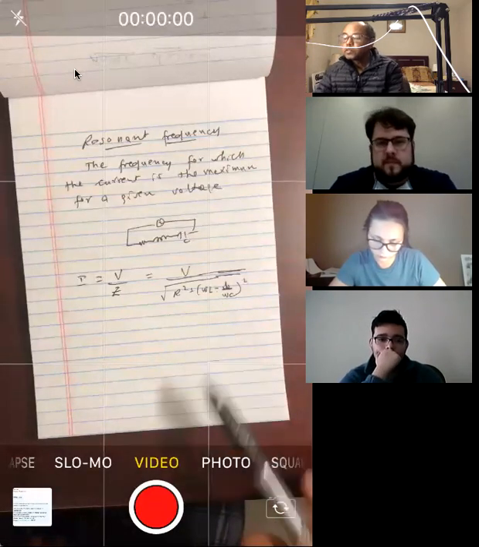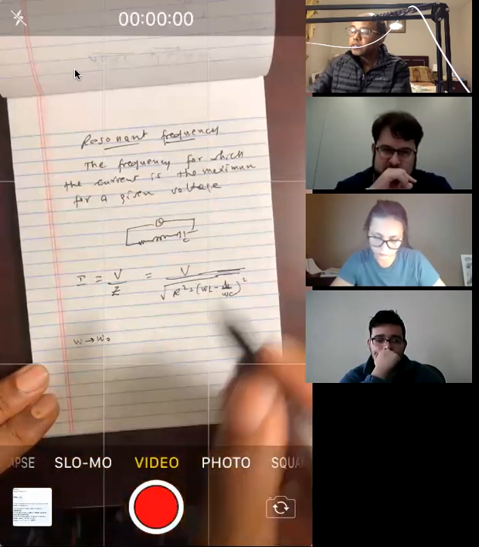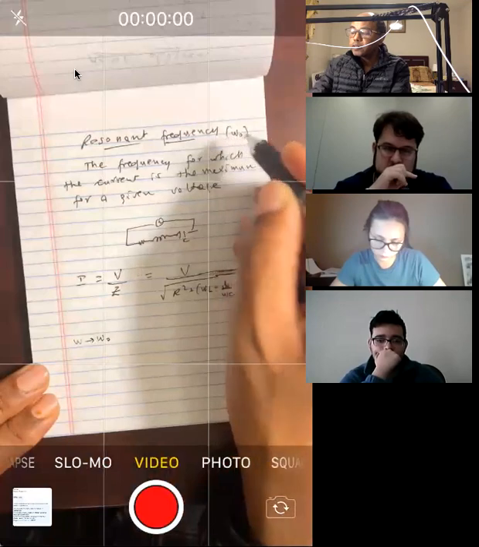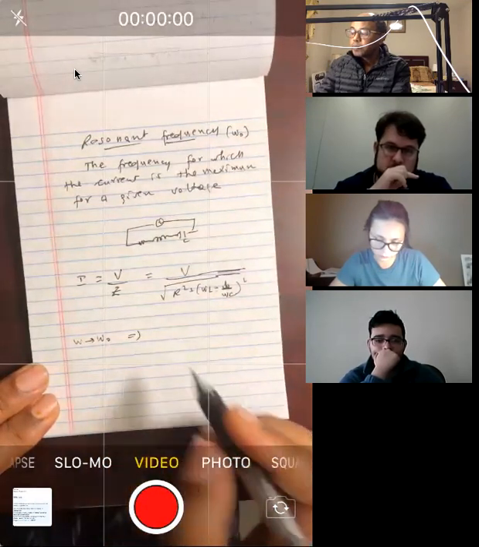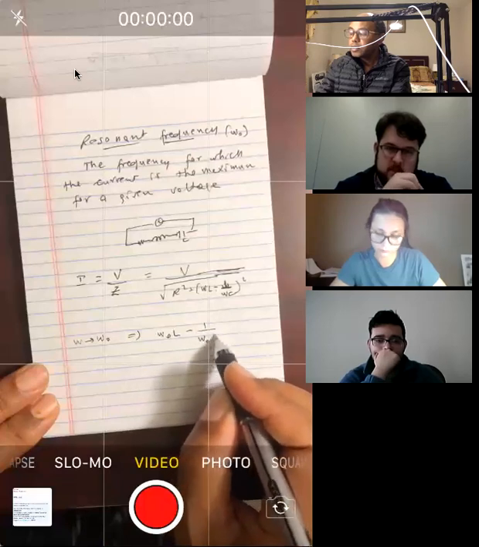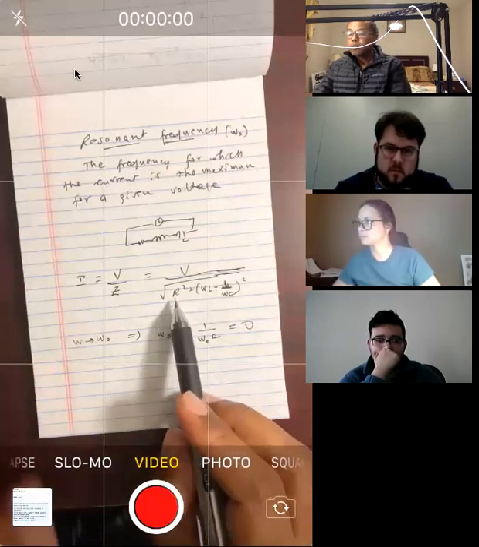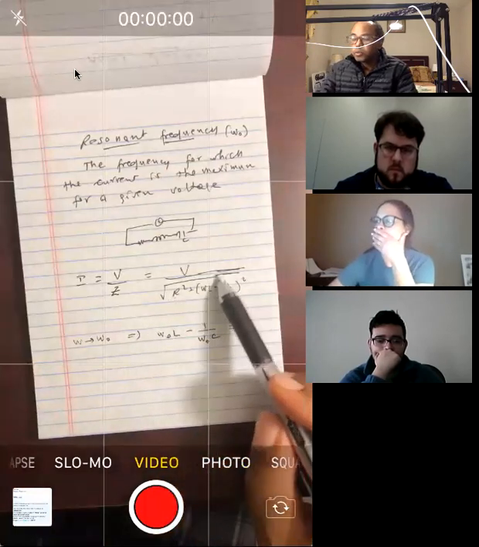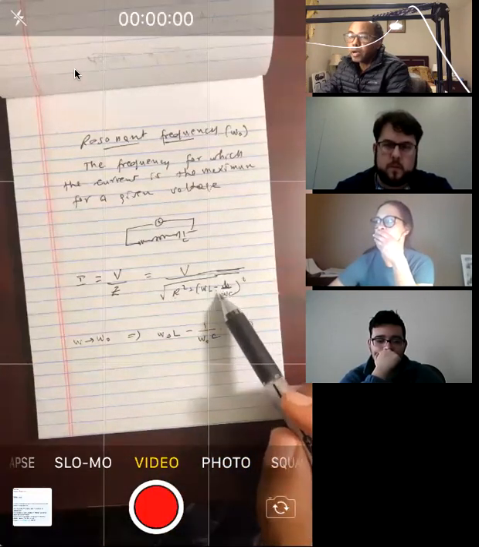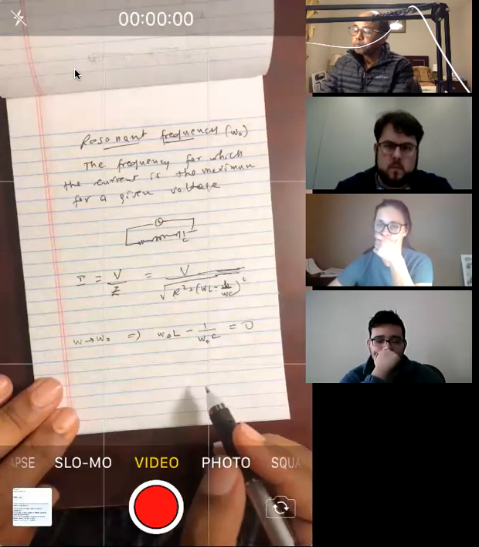Okay? So I'm going to use omega naught for the resonant frequency, which implies omega naught L minus 1 over omega naught C is 0. Okay, this is a constant, but for this to be maximum, this has to be 0. This is either 0 or up because it's a square, okay? And so we just solve for this one.